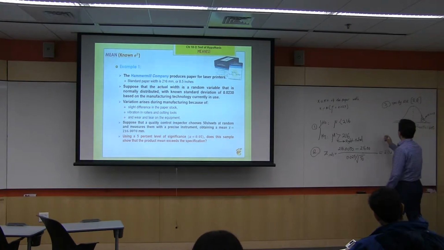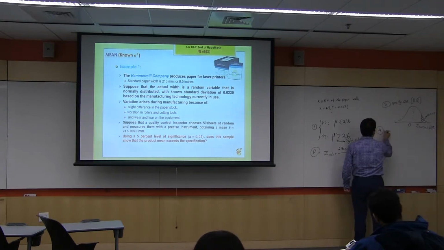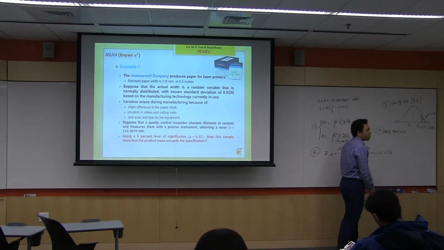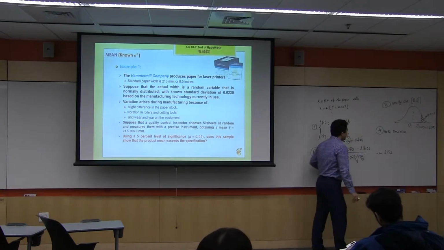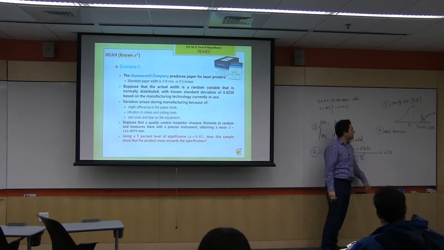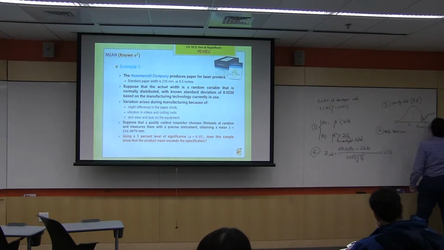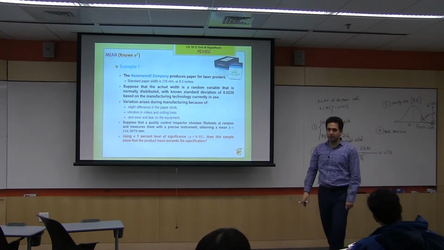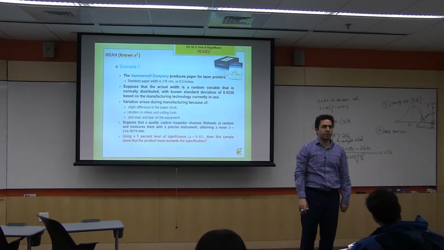So, on the fourth step, I make the decision. My z-calc, 2.15. Where does it fall? This is the calc, 2.152. Is it in the rejection region? Yes. It falls in the rejection region.